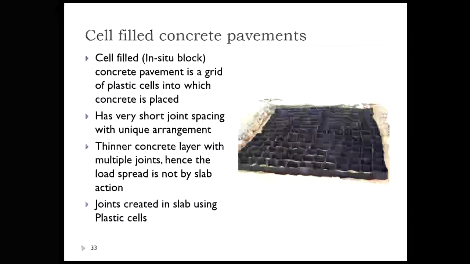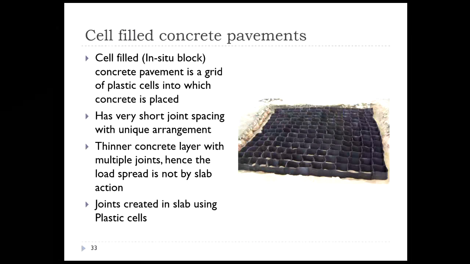Now let us come to the second type of pavement which we will be discussing today, that is what is referred to as self-fill concrete pavements. I told you this also comes in the category where we are trying to reduce our slab dimension.